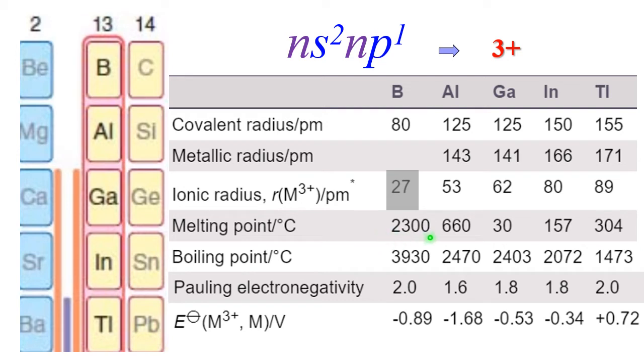It has a very high melting point, 2300 degrees Celsius, and boils at around 4000. Electronegativity of boron is similar to the electronegativity of hydrogen.